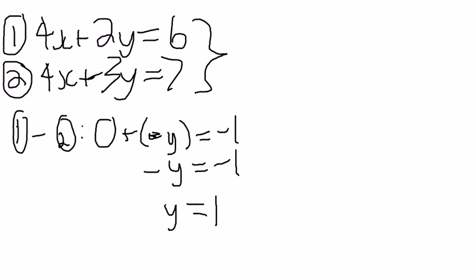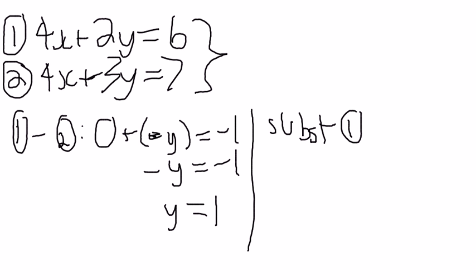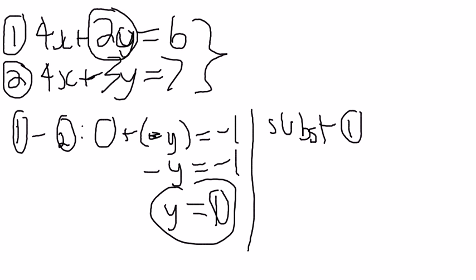So now, to solve for x, what you do is you can just put subst for substitution, and then we'll just do equation 1. So now we'll just put in y right there to y in here. So we just substitute the y. So wherever it says y, we put in 1. It's pretty simple.